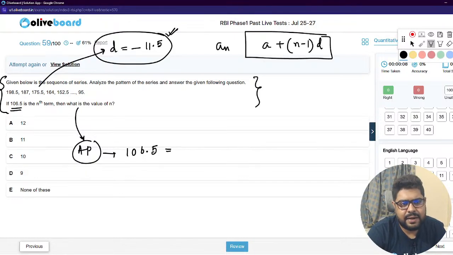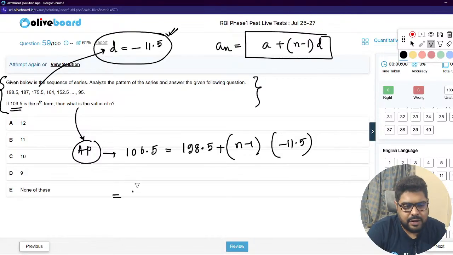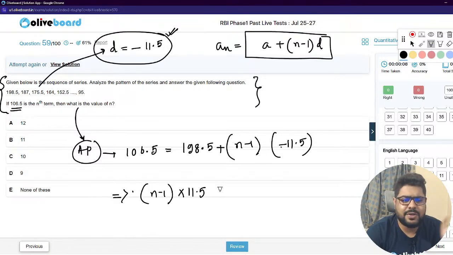This is AN. So that means AN is equal to the first term 198.5 plus N minus 1 into D. D is minus 11.5. From there, if you calculate, N minus 1 into 11.5, because this will be minus, it will come to this side.